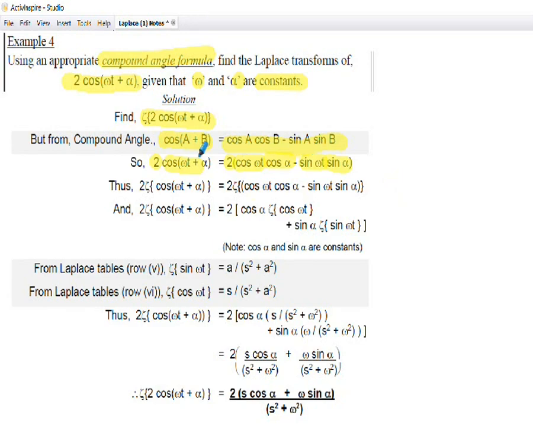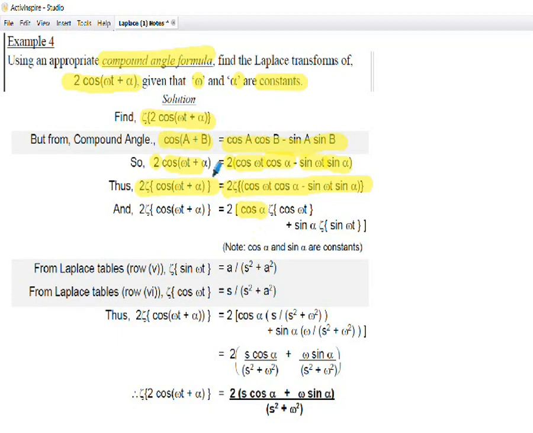Okay, all I've done on the next line is just written it in terms of Laplace. It's 2 times the Laplace of cos(omega t plus alpha), so the 2 has gone outside the Laplace function, cos omega t cos alpha minus sine omega t sine alpha. Now all I've done on the next line is rewritten it slightly, because don't forget alpha and omega are constants in this case, so cos alpha is actually a constant, just a pure number.